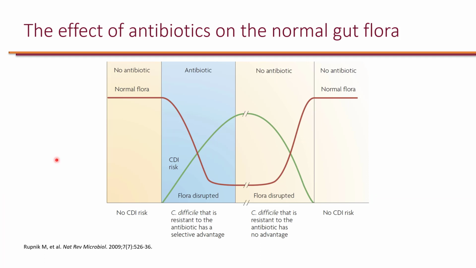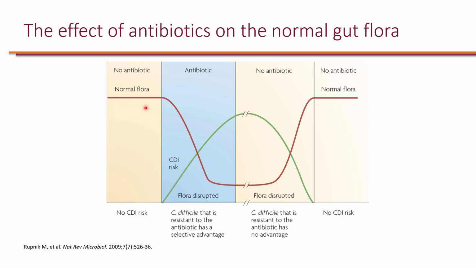Let's take a look at the effect of antibiotics on the normal gut flora. In healthy patients with no risk factors for C. diff infection, the gut flora includes both a high quantity of bacteria as well as a high diversity, represented by the red graph.